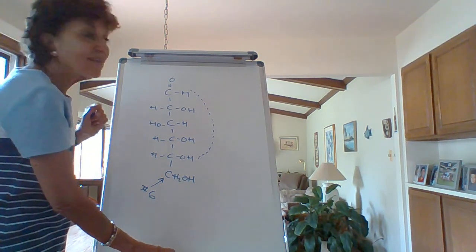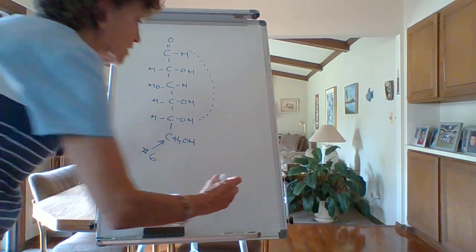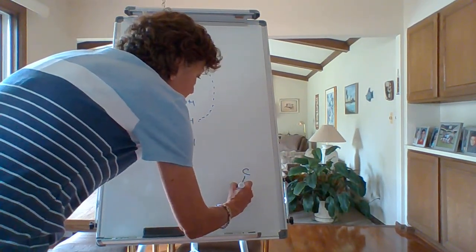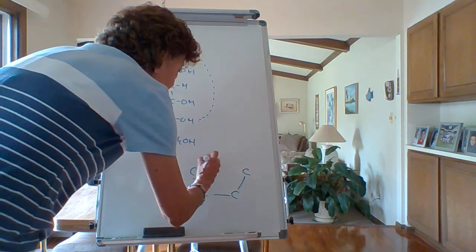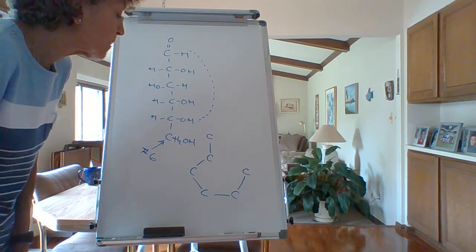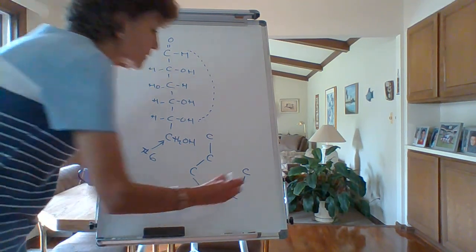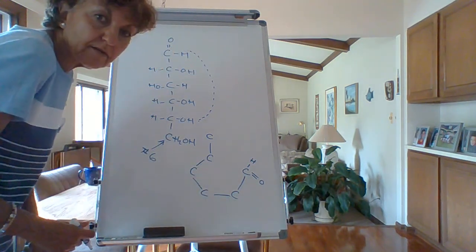All right, let me show you how that is done. I'm going to try to squeeze it in here, okay? So this is going to be carbon 1, carbon 2, carbon 3, carbon 4, carbon 5, and carbon 6. Now, carbon 1 is an aldehyde, so we're just doing that.